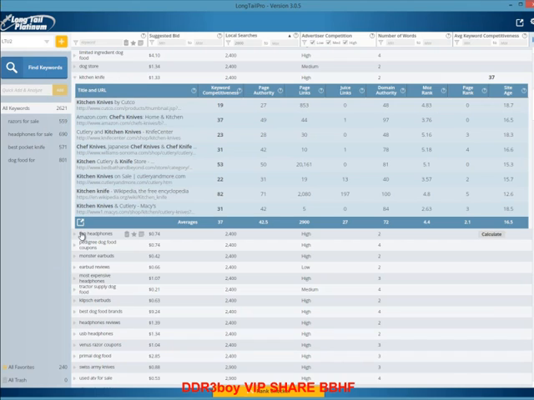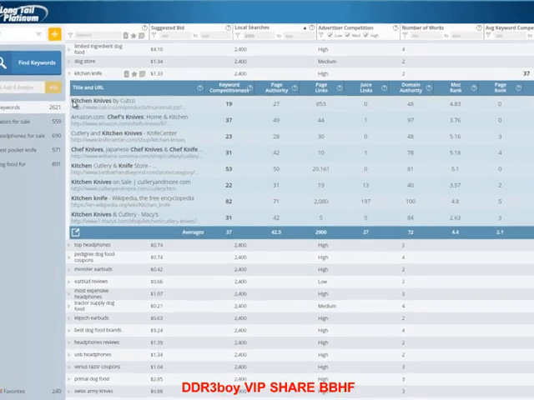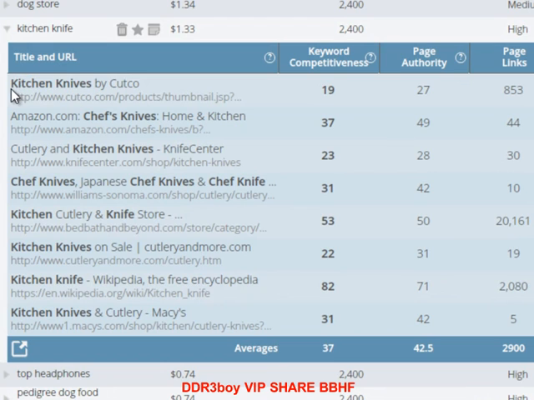If we look at the top 10 results, I'm going to follow along with this checklist very quickly. We'll dive in deeper into whether sites have lower quality content or don't fully answer the search query after we look at these other ones. The first thing I want to look at is, are there sites not targeting the exact keywords in the title? It's very easy to look at, because the keywords are bolded in the title here. We can see kitchen knives, chef's knives, kitchen knives, kitchen chef knives, and so on.